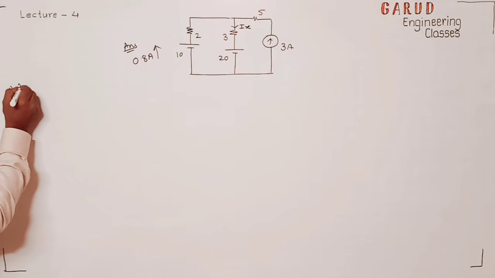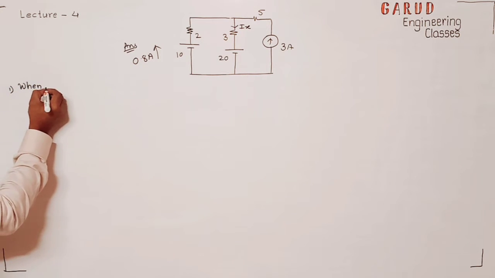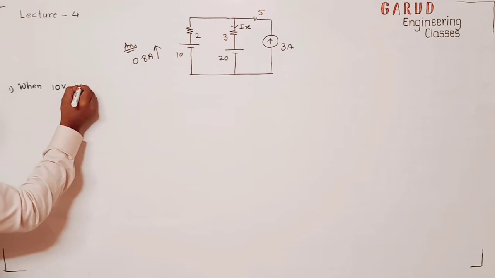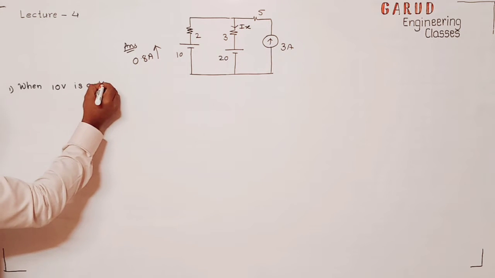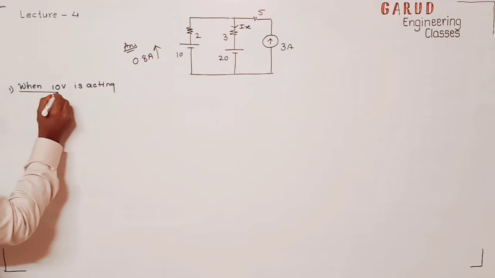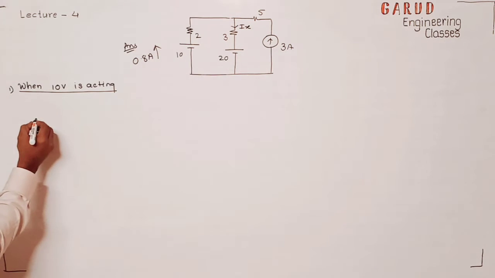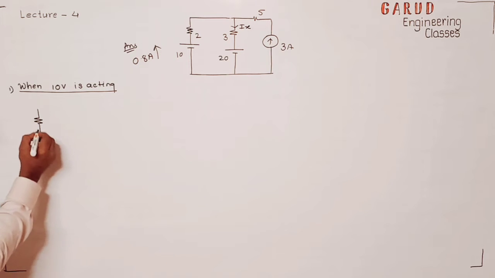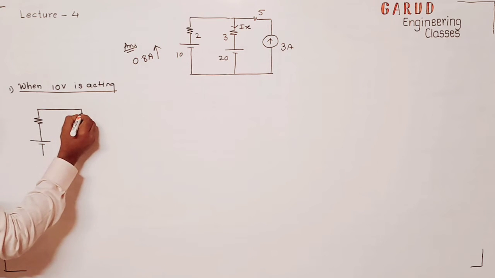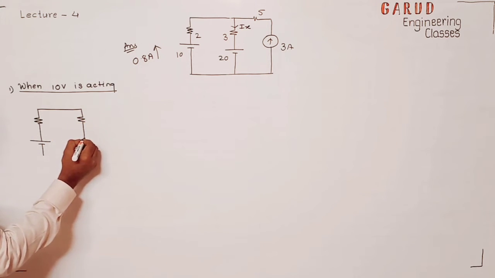First, when the 10 volt is acting alone, what can we draw? I consider the 10 volt. At that time we have to kill this voltage source.